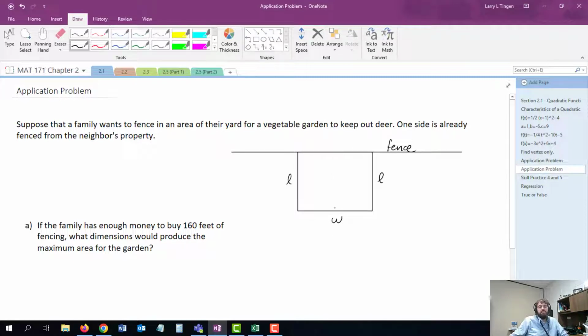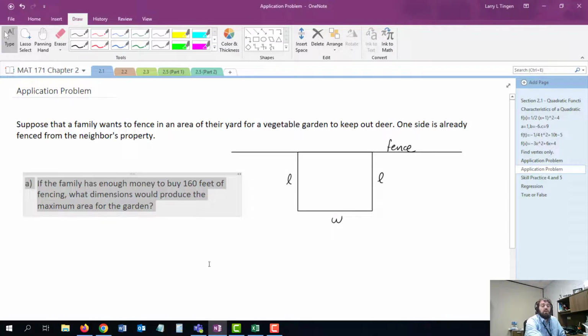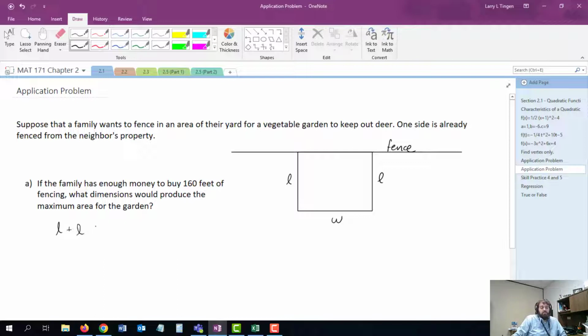So I'm just going to use that fence. And then all I've got to do is put together 2 lengths and 1 width. Okay, so if I buy 160 feet of fence, what dimensions are going to produce the maximum area? Well, I know that 1 length plus the other length plus the width is going to be equal to 160. All right, so that's one equation.